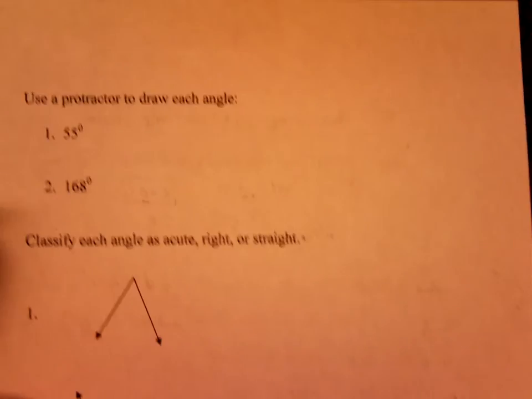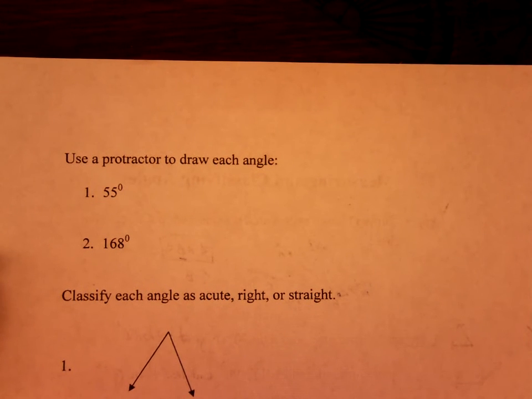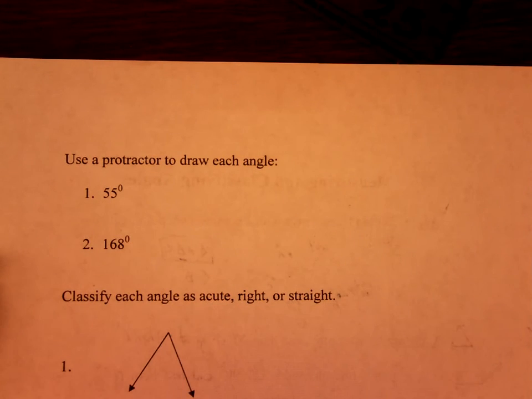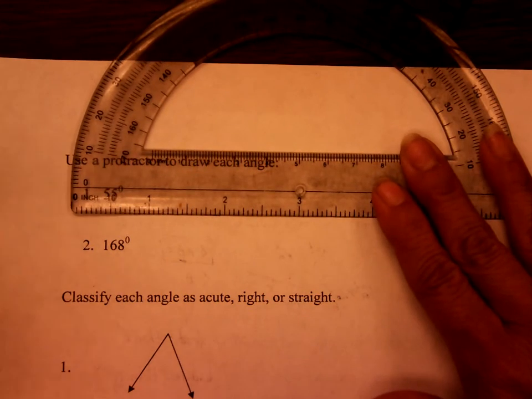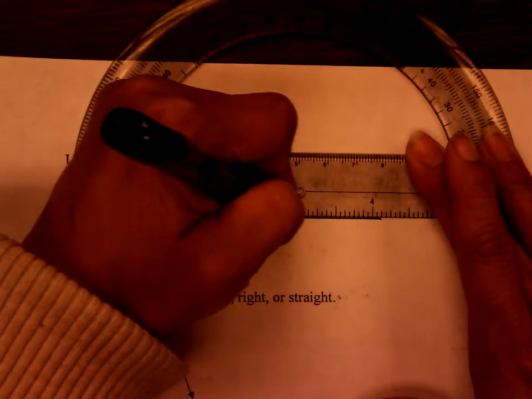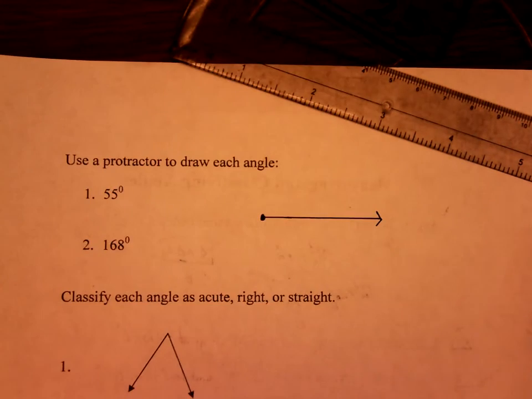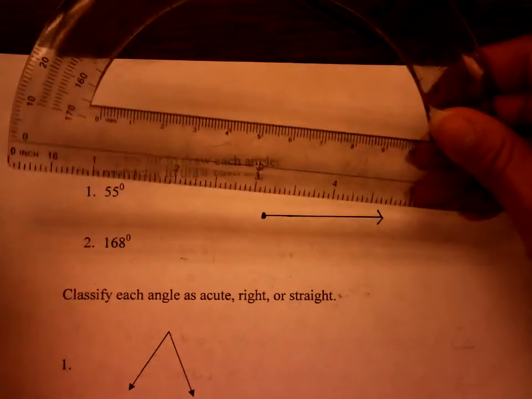Looking on the back, it says use a protractor to draw each angle. So 55 degrees. This is how you draw your angle. First of all, you know 55 degrees is an acute angle, so it's going to be small. First you start with a ray. So you draw a line, make your dot, and have your arrow. So you have your A. Then where the dot is, that's the center of your protractor.